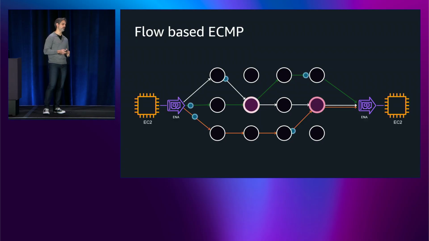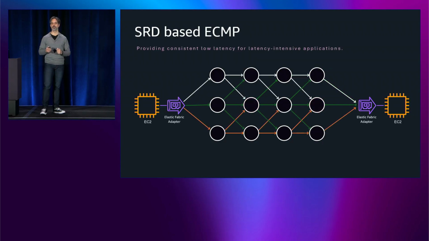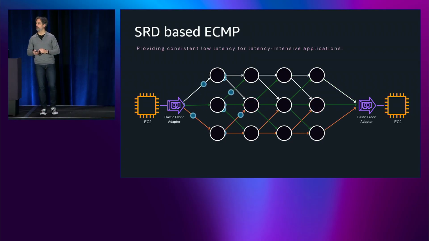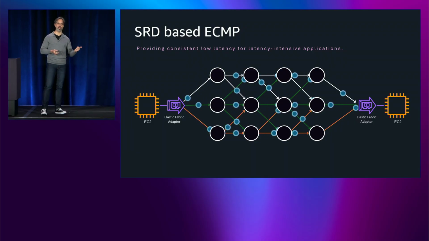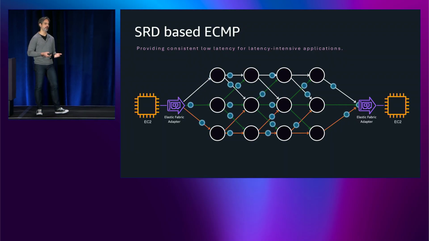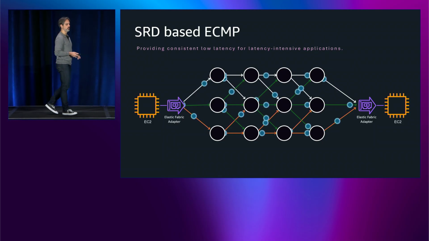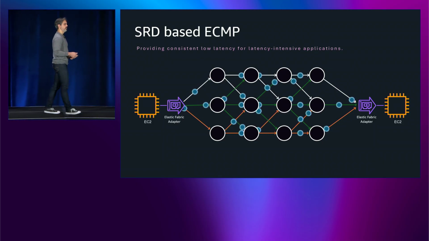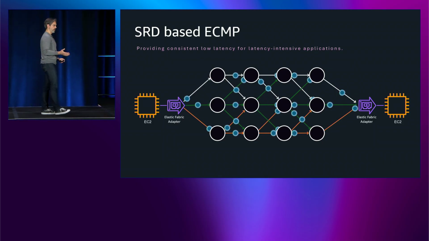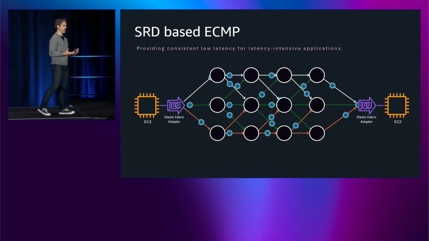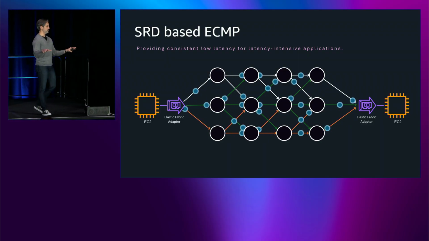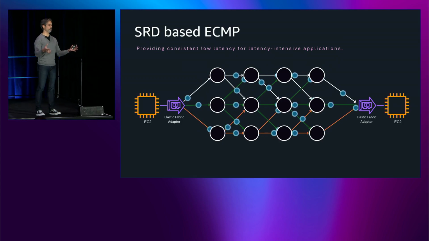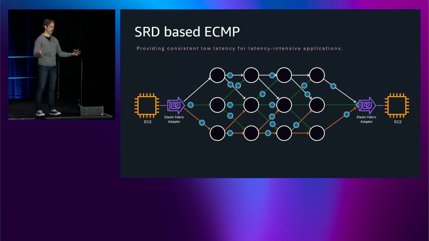So what AWS did to help customers is that we developed Elastic Fabric Adapter, which uses the Scalable Reliable Datagram, SRD. It's a protocol developed by AWS, and we're using it on our network. With SRD, when you open that channel for communication, it actually shards your data and sprays that data into multiple different channels, using all of them together.